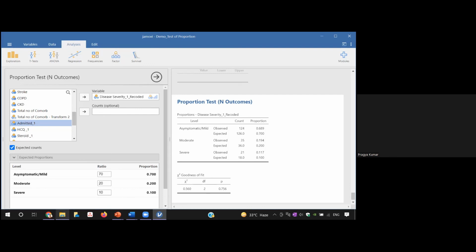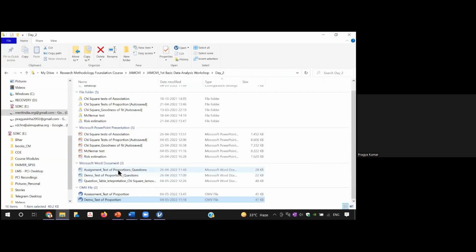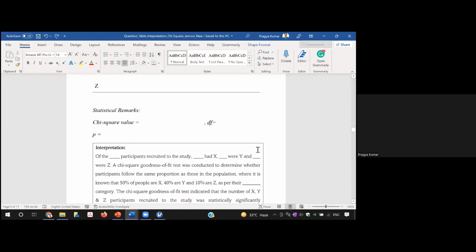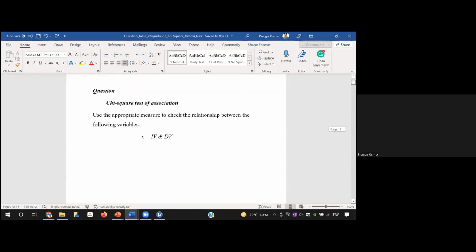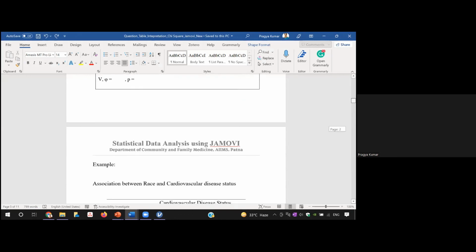So how will you write the interpretation? This is the dummy table. The dummy table you can take directly. This one was for the chi-square test of association.